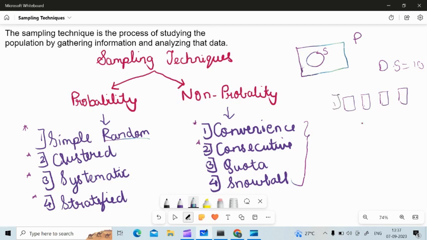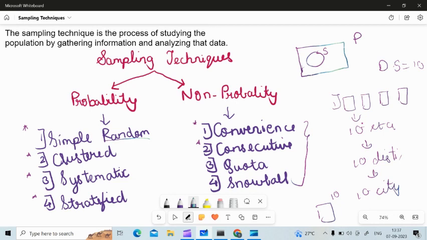Then from the 10 countries, I will segregate into 10 states, then 10 districts, then 10 cities, and then again take a subset of the data, and then select 10 people. Whatever 10 I'm selecting is based on randomness.